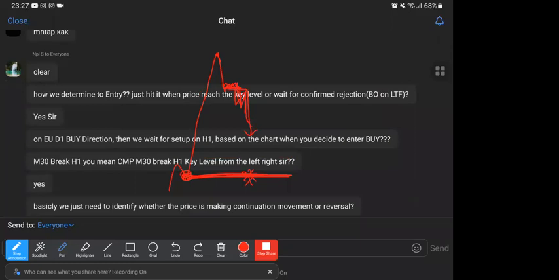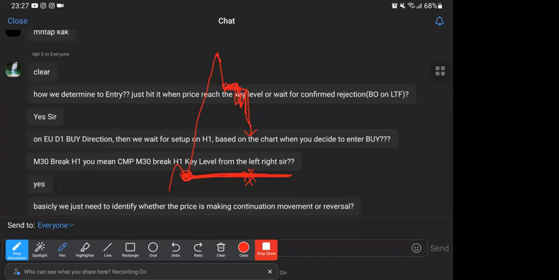Okay, basically we just need to identify whether the price is making a continuation movement or reversal. As for me, I don't care whether it's a reversal or continuation setup. Like I showed you just now, I don't use continuation or reversal terms. I'm just taking entry when I identify which is the time frame for buy, which is the time frame for sell, and then I look for the entry.